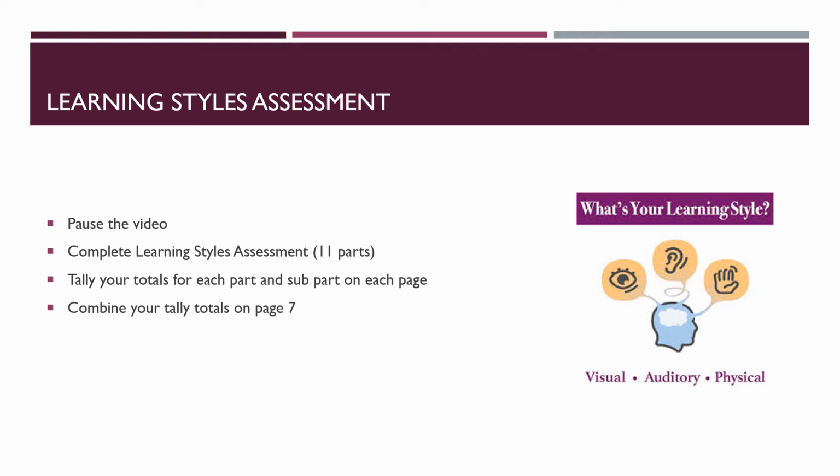So at this point, I would recommend pausing the video in order to fully complete the 11 parts of the learning style assessment. Once you've completed the assessment, you'll tally your totals for each part and some subpart on each page. Then you'll combine your tally totals on the final page, page 7.